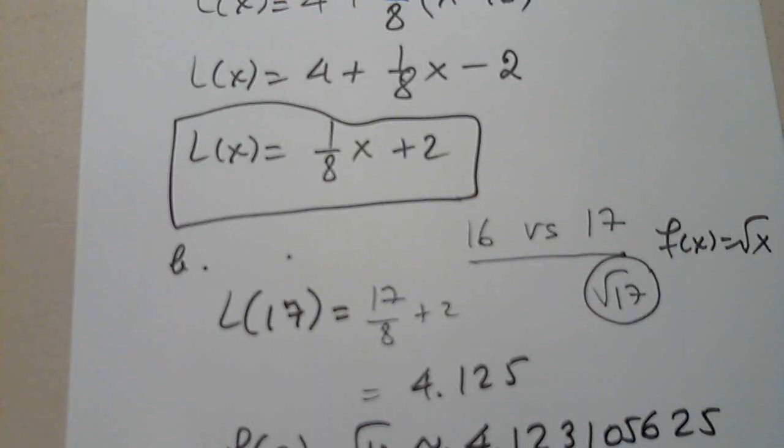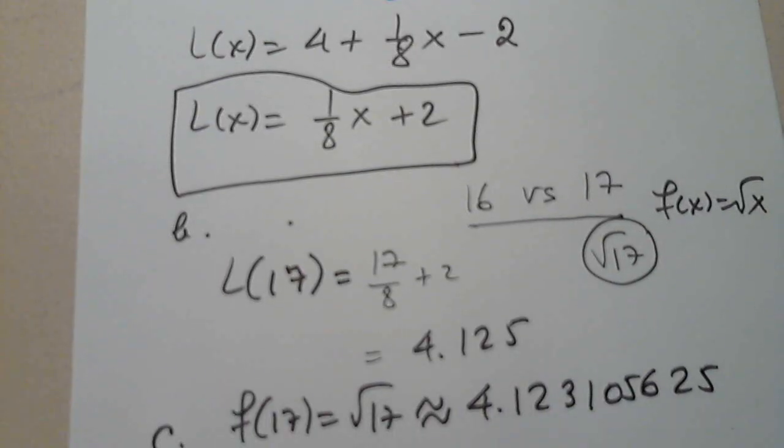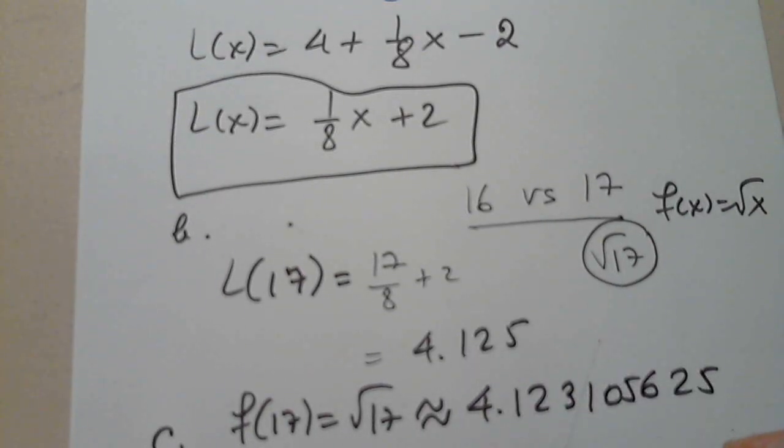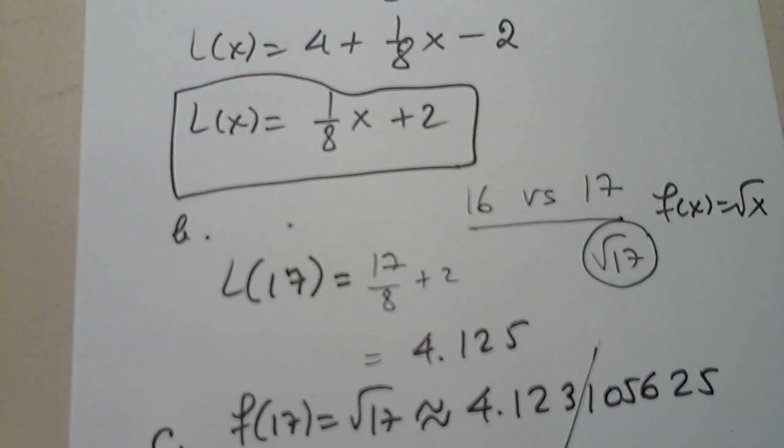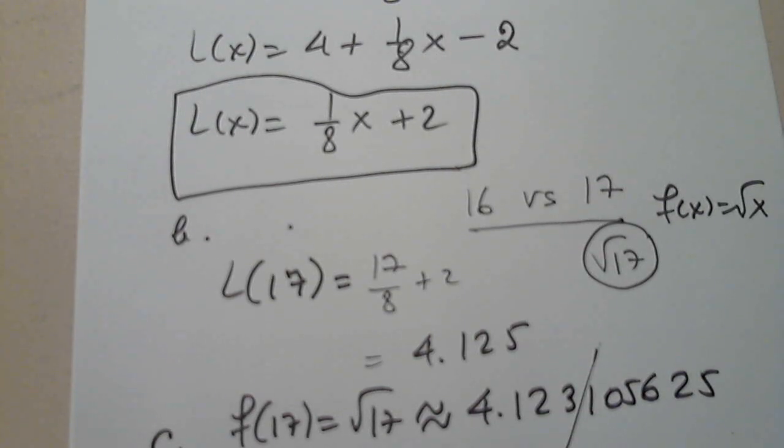And now they're asking us to find the difference between the approximation, which is 4.125, and the actual value of the square root of 17. So I'm going to truncate at 3 digits. So in part D, they want 4.125 minus 4.123, which is a very good approximation.